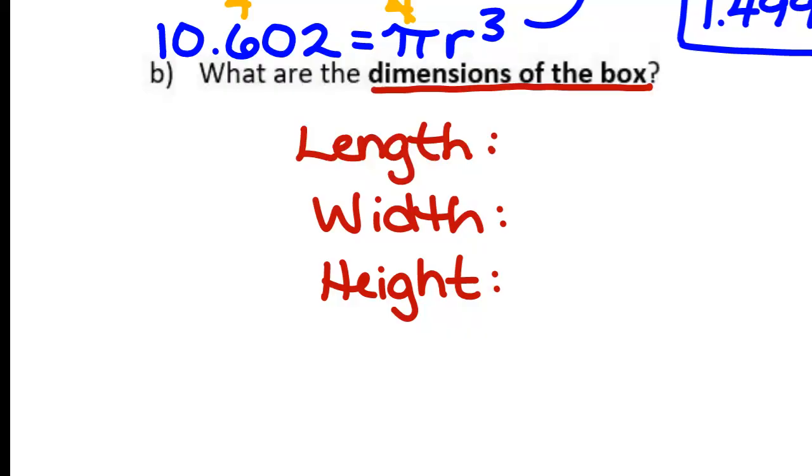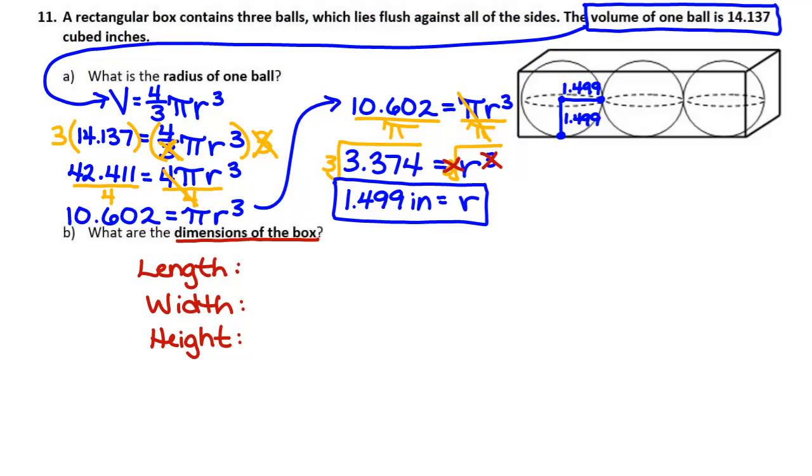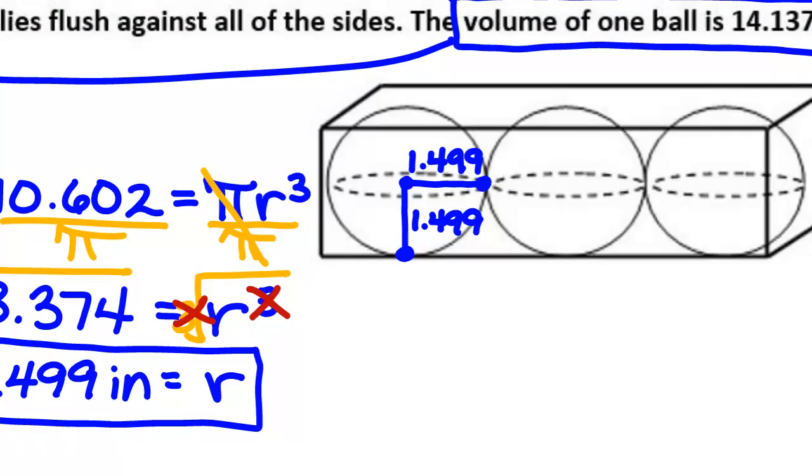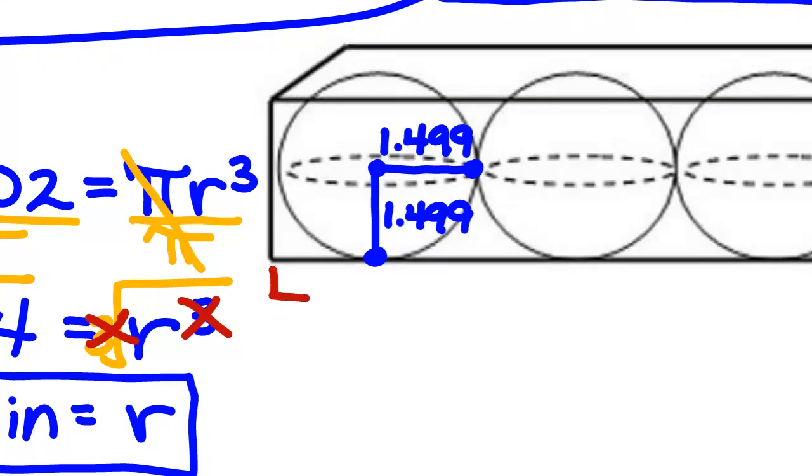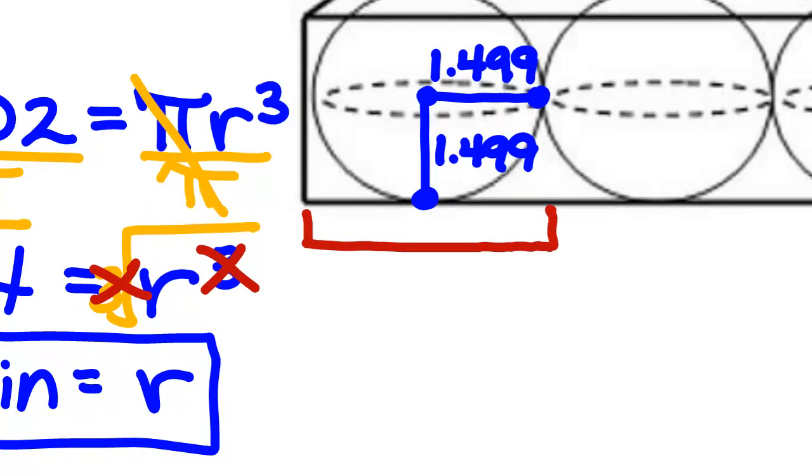So I need to figure out how long this box is. If from the center of the ball to the edge is 1.499, how wide is one ball? Yep, 1.499 times 2. 2.998, not squared, but times 2.